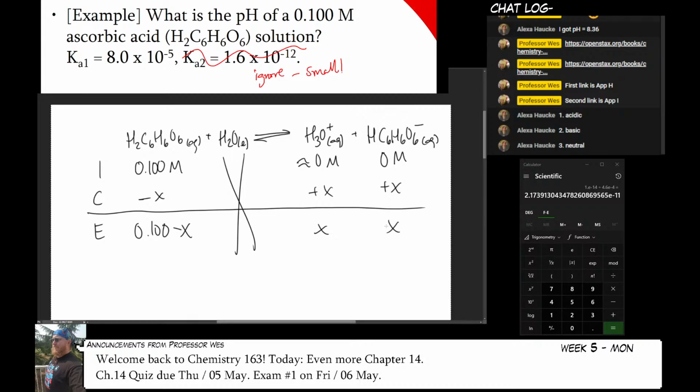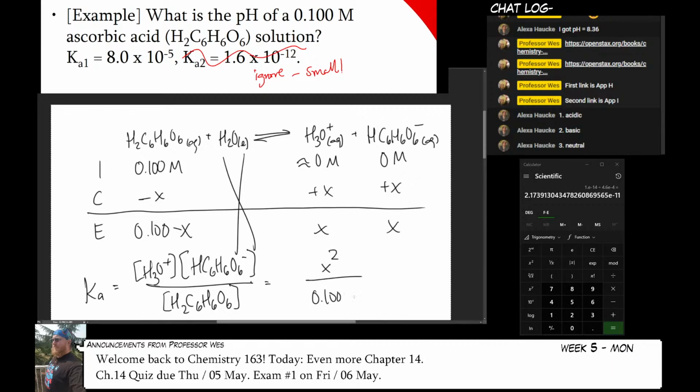There we go. And then we'll say Ka equals H3O plus. I'll just write the whole thing out. Why not? We've got a sorbate, and then we got a sorbic acid. Something, something, obvious thing, x is small.